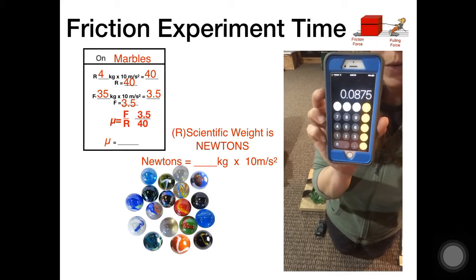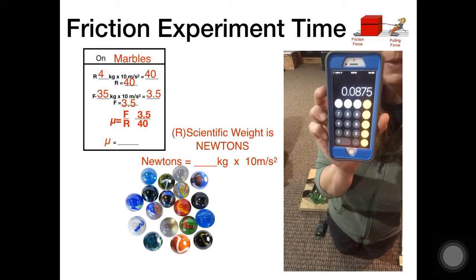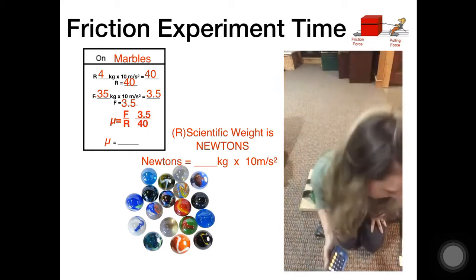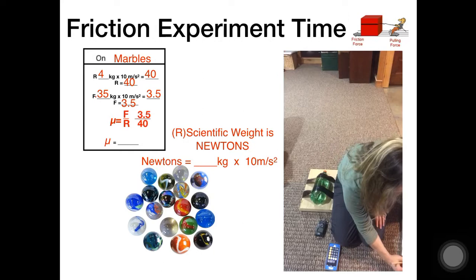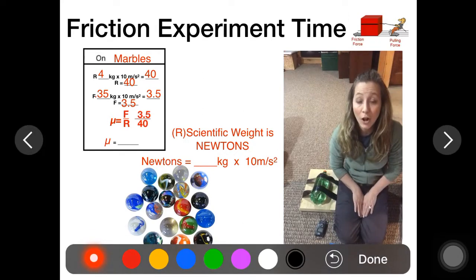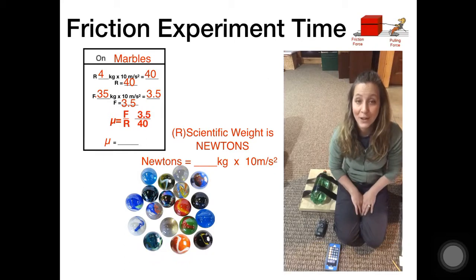Okay, 0.087. We can round that up to 0.09. Okay, so we now have all three coefficients of friction.